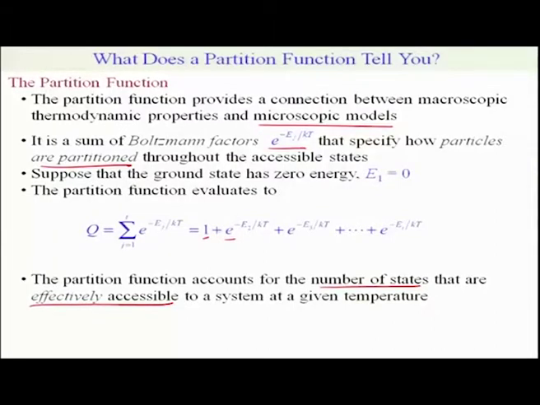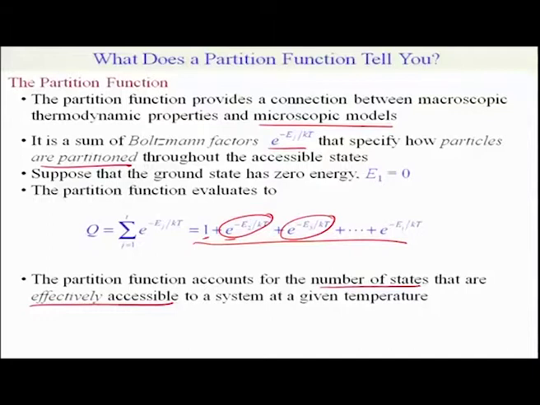So, this is 1 plus the Boltzmann factor to access energy level 2, the Boltzmann factor to access energy level 3 and so forth. It is simply the probability of how particles are partitioned throughout the accessible states, that is what it tells you.